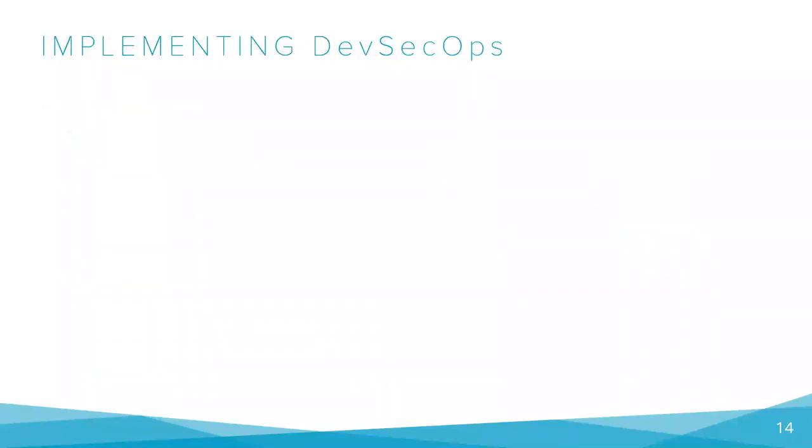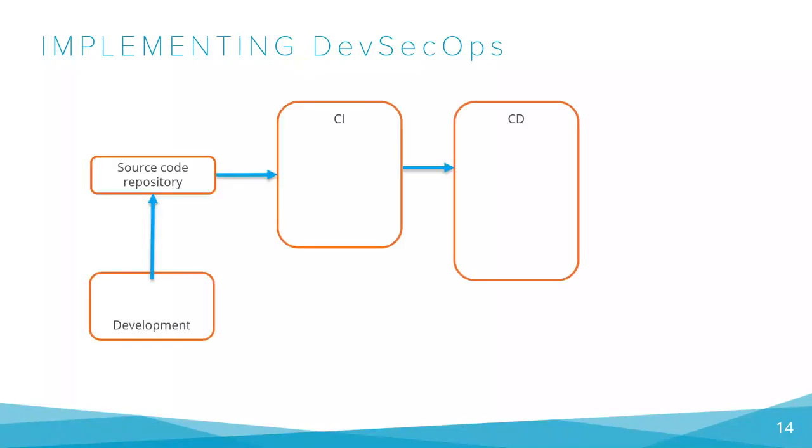So, how can we implement DevSecOps? There are multiple stages of a pipeline where various security tools can be integrated. In the continuous integration phase, developers have something called pre-commit hooks installed on their systems.